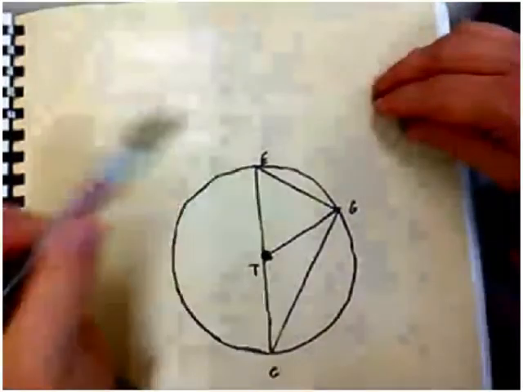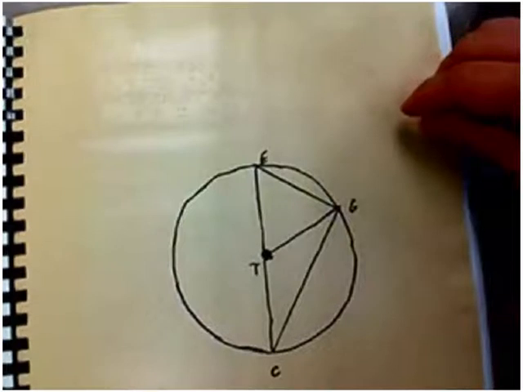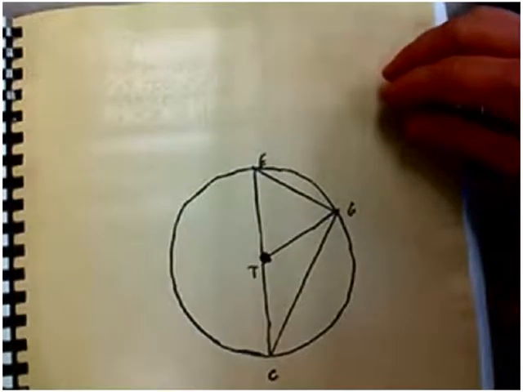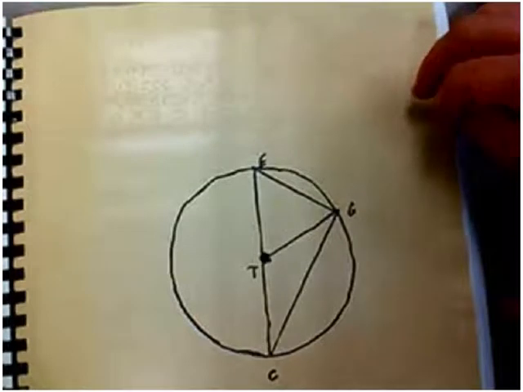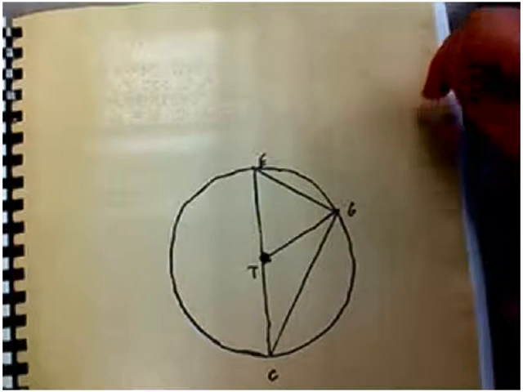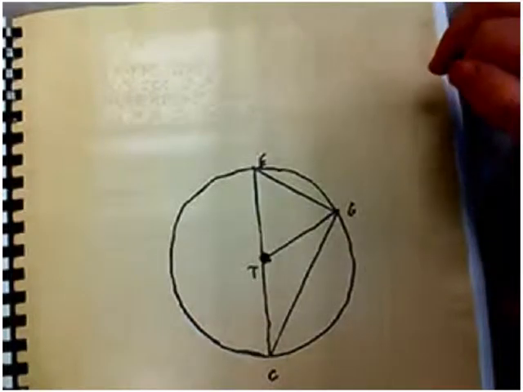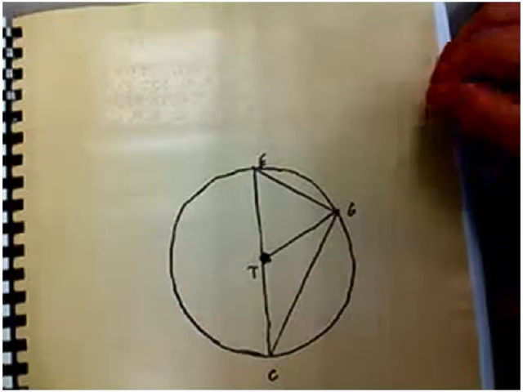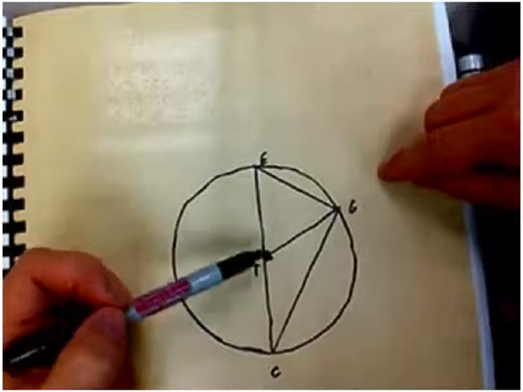If you go back above your drawing in Braille and up towards the left in print, it asks to find the measure of angle EGT and the measure of angle TCG. If EG is perpendicular to CG, the measure of angle EGT equals 7x plus 2, and the measure of angle TGC equals 4x.